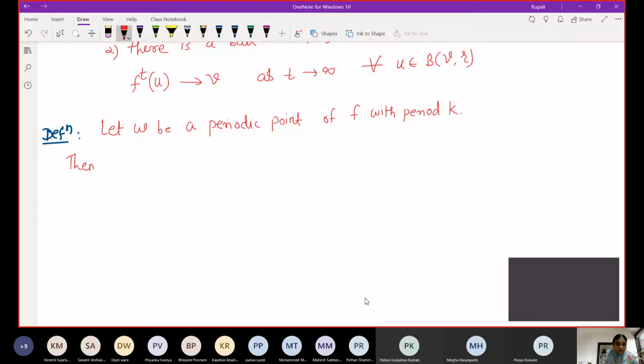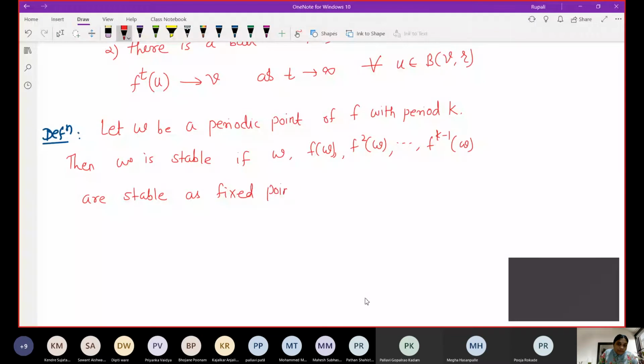Then W is stable if W, f of W, f square W, and so on, f raised to k minus 1 of W are stable as fixed points of f raised to k.